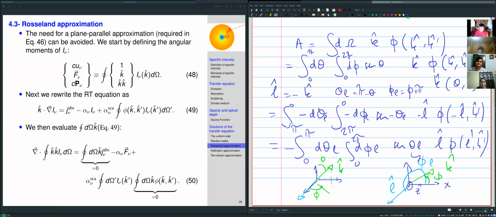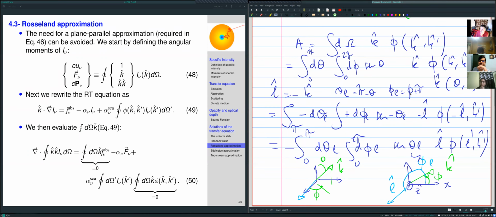So in this case, d theta L is okay. There's a minus here, but this one is plus. Actually, and now the direction of integration.